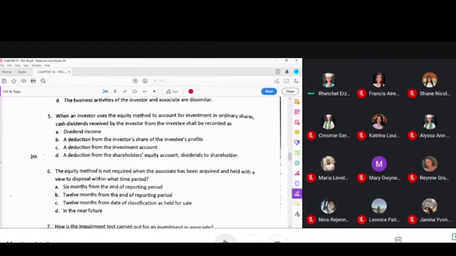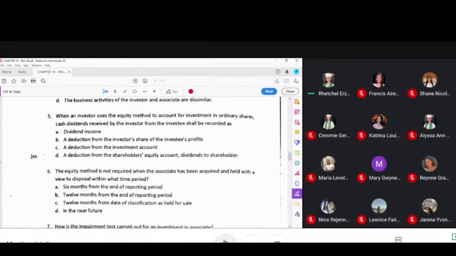If the investee corporation, the associate, keeps on earning profit, then your investment in associate account will keep on increasing corresponding to the share of the investor in the profit of the associate. For example, the net income of the associate is 100,000 and your interest in the associate is 20%.